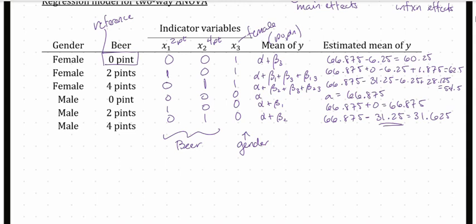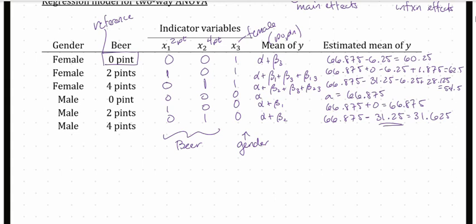So that's the change in the effect of the 2 pints of alcohol, or the change in the effect of being female versus male, for having 2 pints of beer. And so altogether that gives us a sample mean of 62.5. So relative to males who drank 2 pints of alcohol, it's a little bit lower.